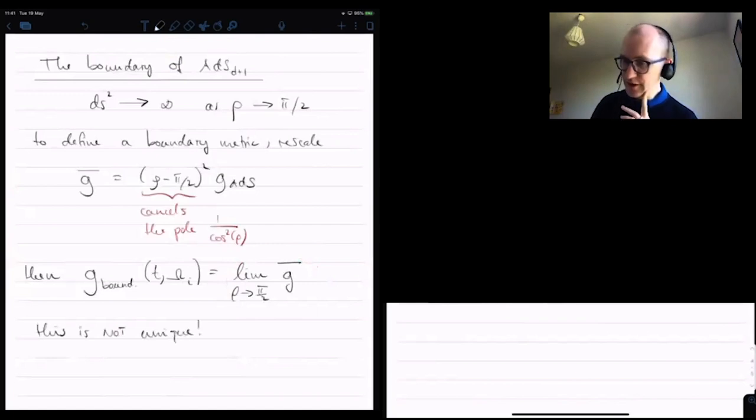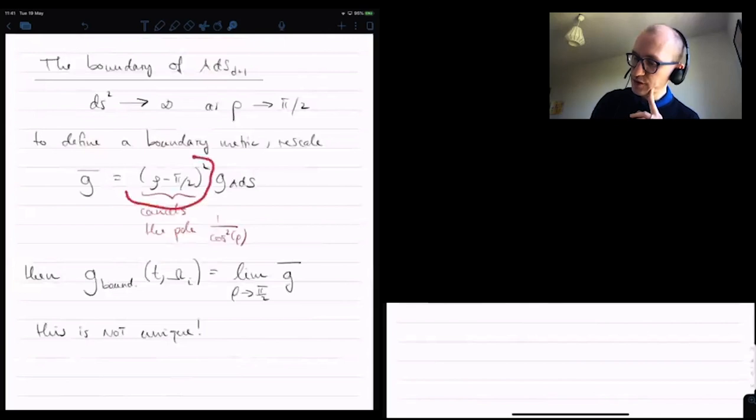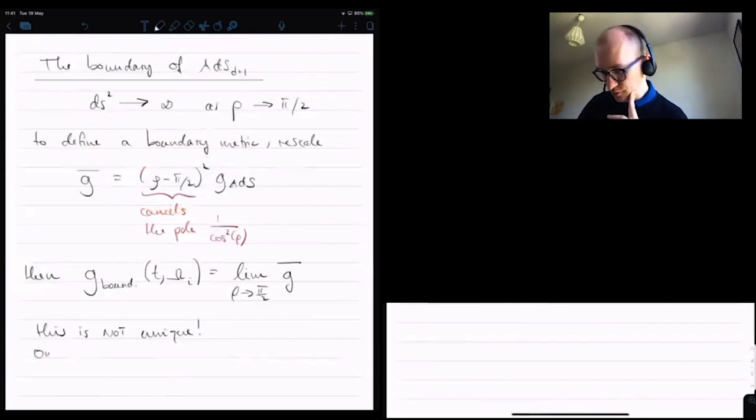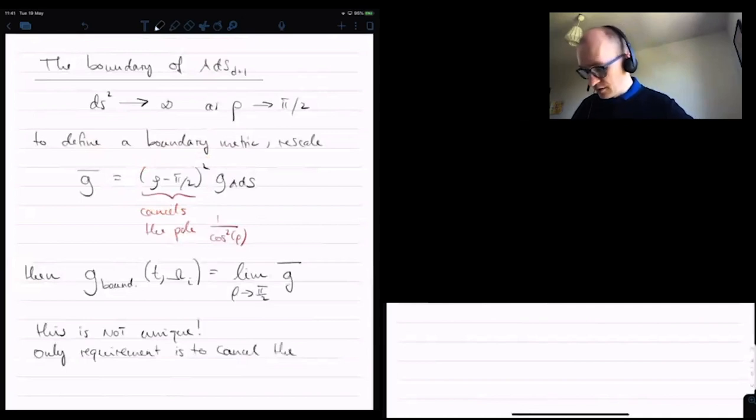Because all that really counted was that I have some function which at pi over 2 has this pole. So the only requirement is to cancel the 1 over rho minus pi over 2 pole, double pole.